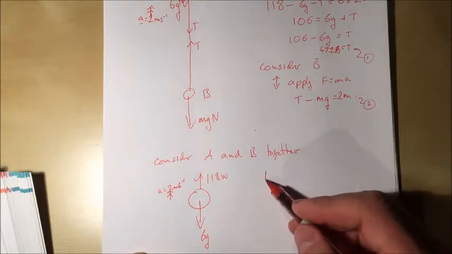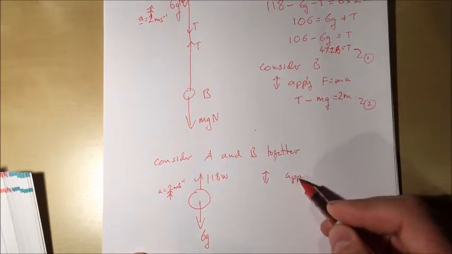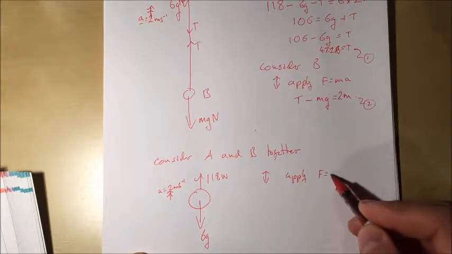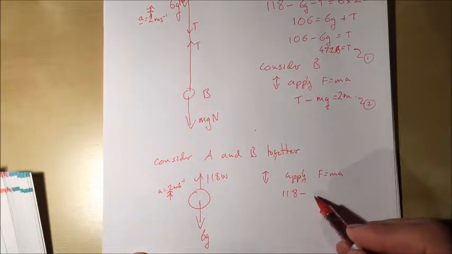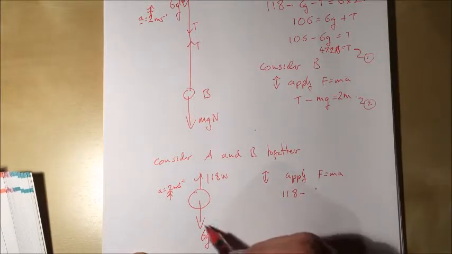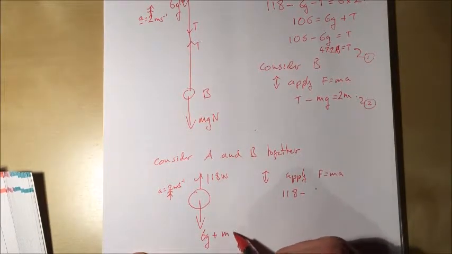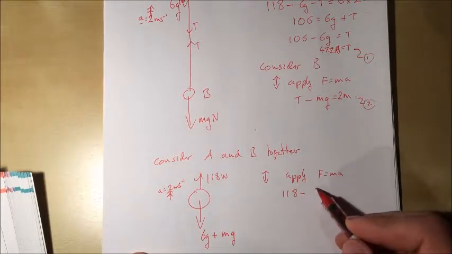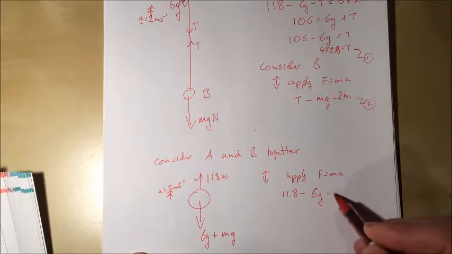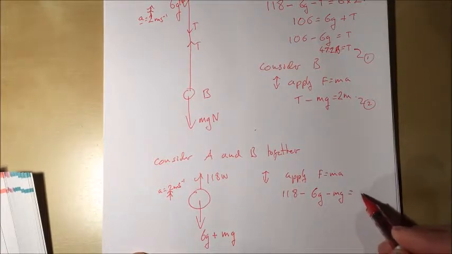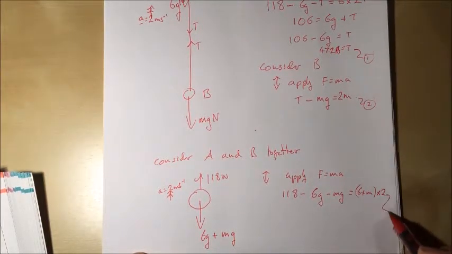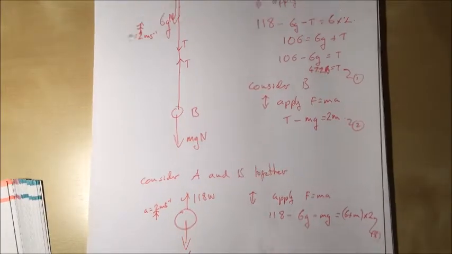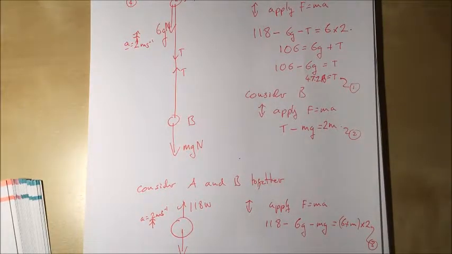So overall, vertically, apply F equals ma: 118 minus 6g plus mg pulling downwards. 118 minus 6g minus mg equals, the mass is 6 plus m, times the acceleration of 2. So that's equation number 3. And if I look at these 3 equations, between them they should sort out what I want.